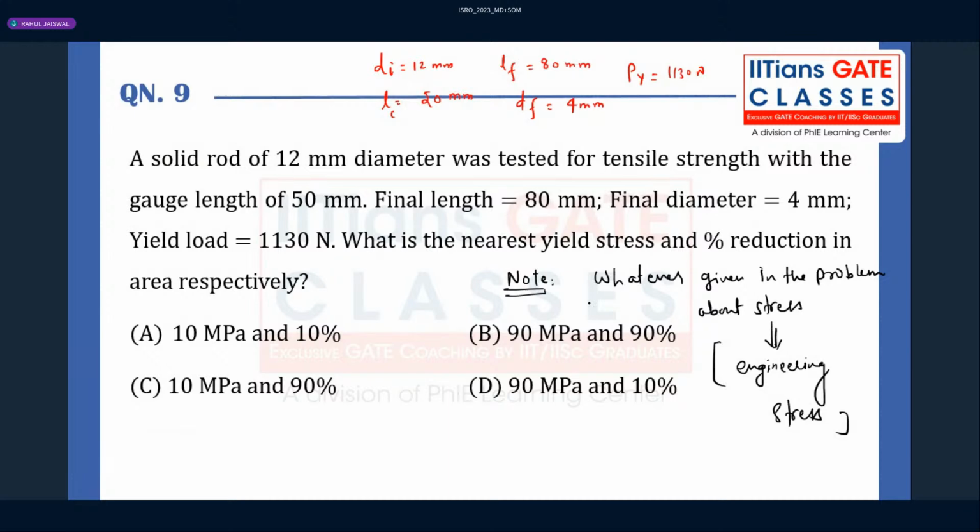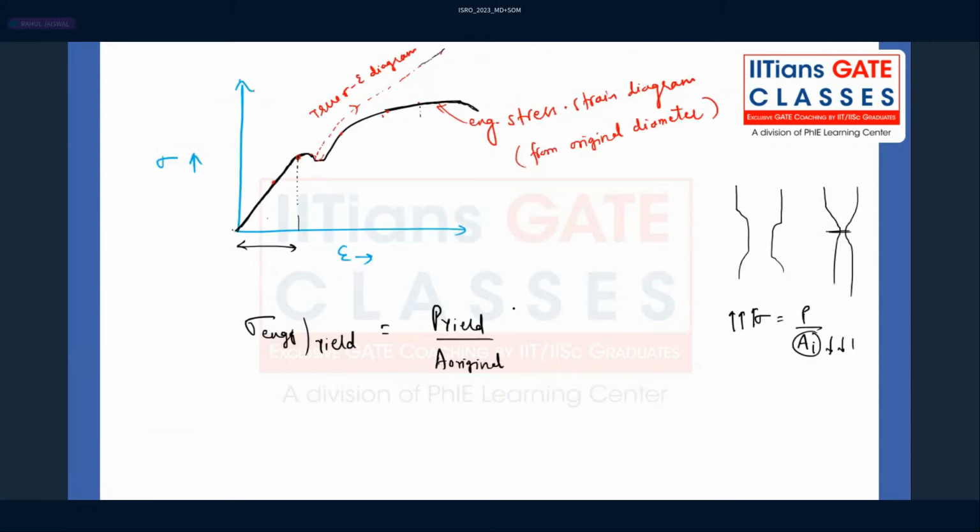So in this case, the load is 1130 and the original area will be pi by 4 d square, where the initial diameter is 12 mm. So when you calculate, you will get 9.99 MPa, which is almost 10 megapascal. That will be the answer.